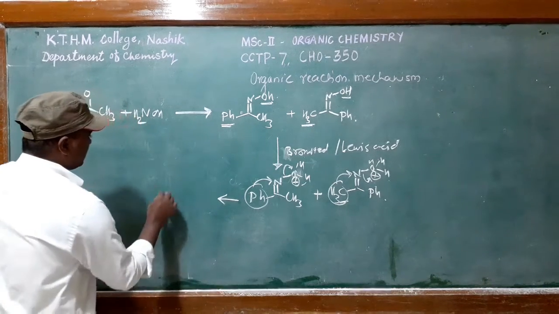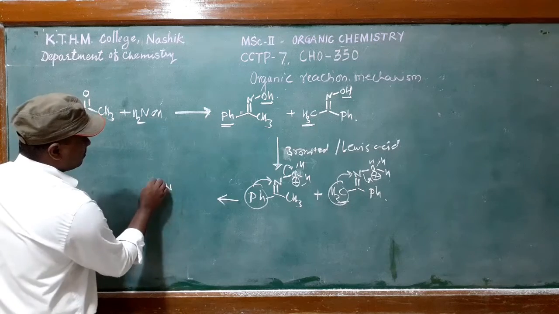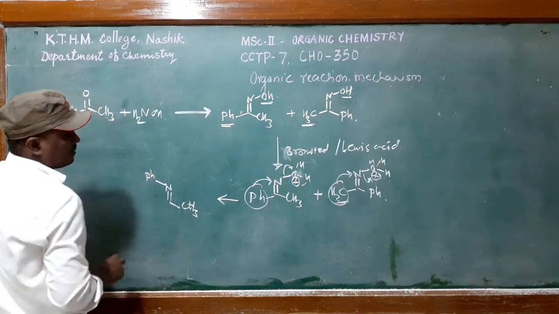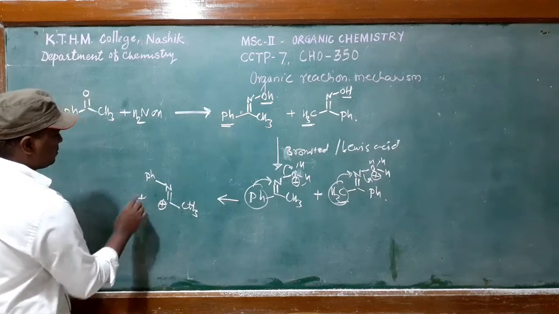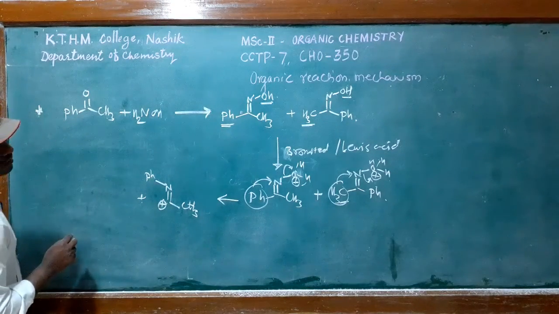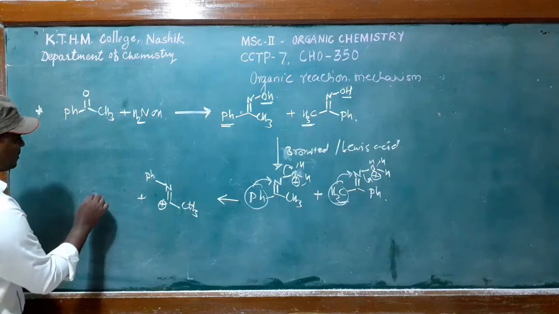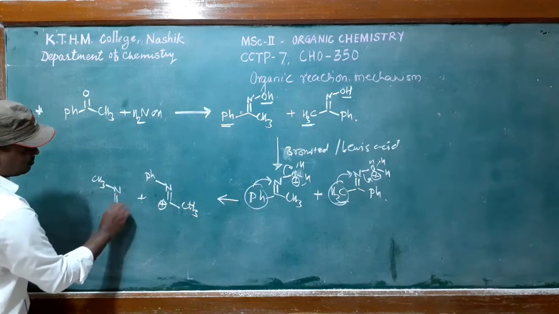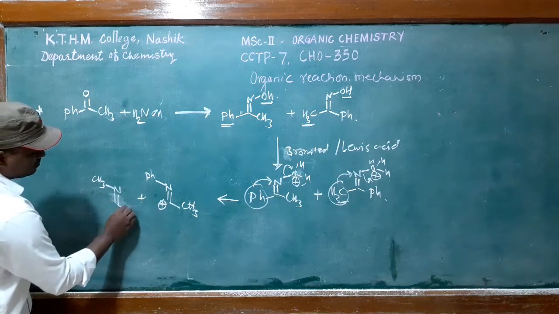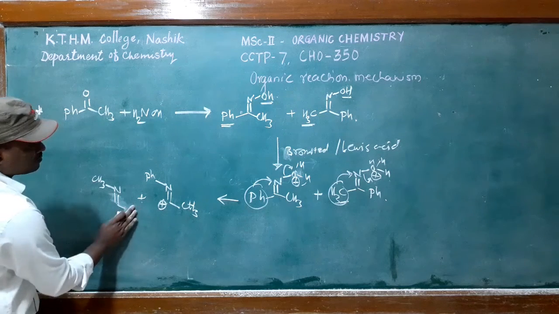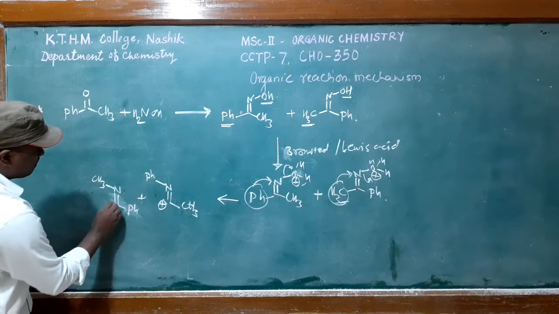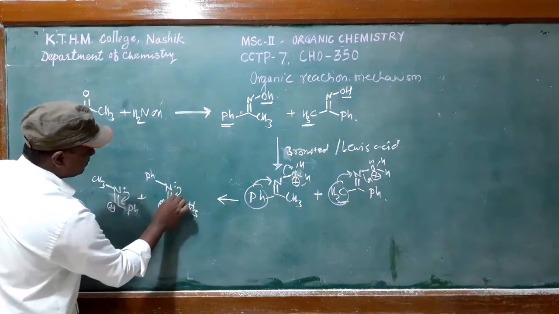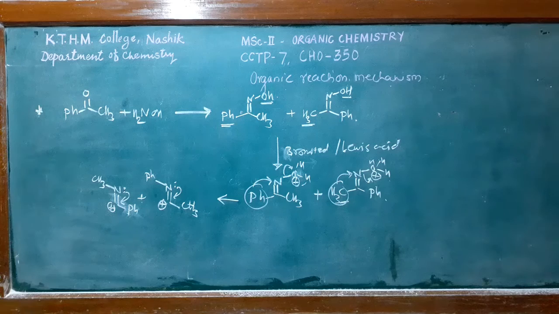Let me write like this. In one case, we will obtain this intermediate. In another case, this lone pair will be stabilized by conjugation. It will form a nitrilium ion.